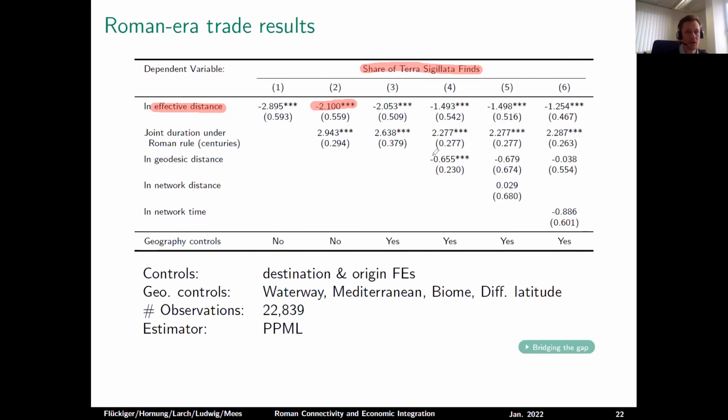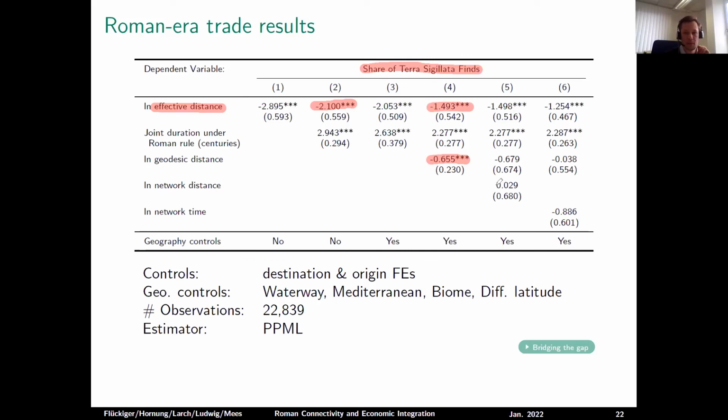And this is conditional on a couple of things, including when we actually control for geographic distance, which makes grid cell pairs that are at equal distance to each other similar and only compares those two, then it's still the fact that those connected via the trade network better, according to the trade costs, are trading more.